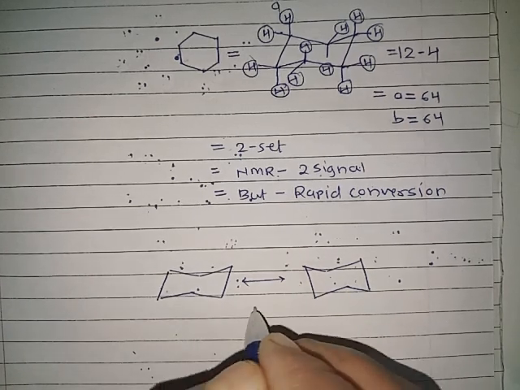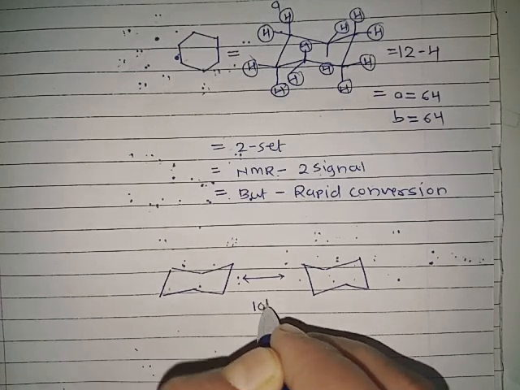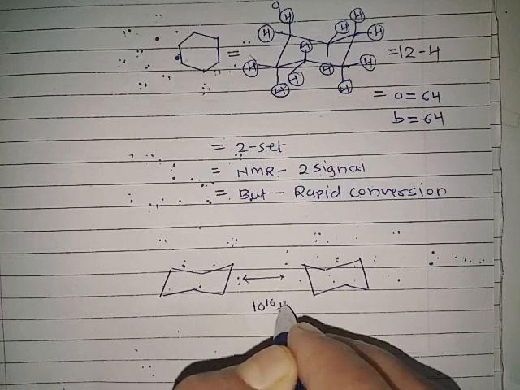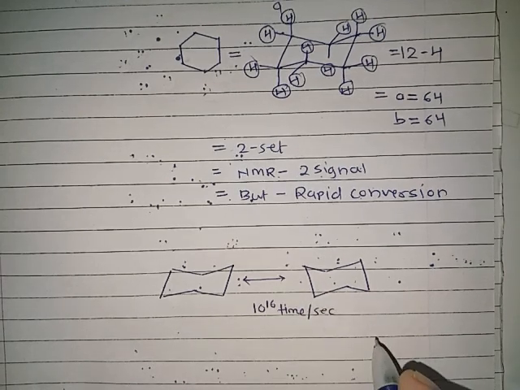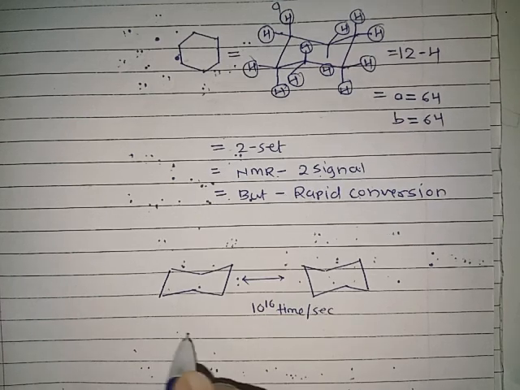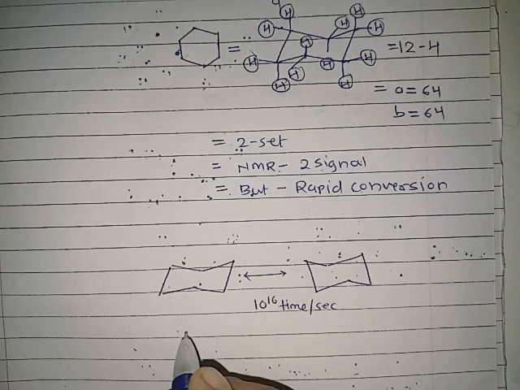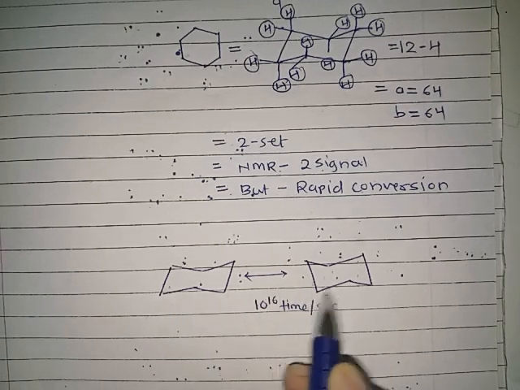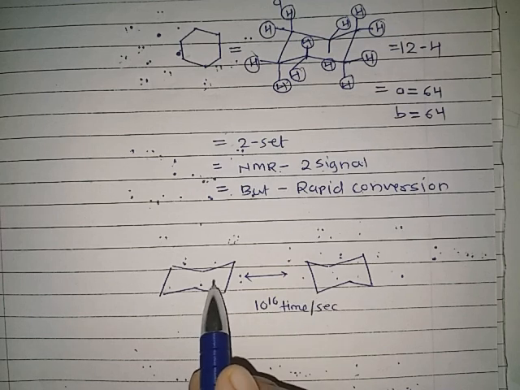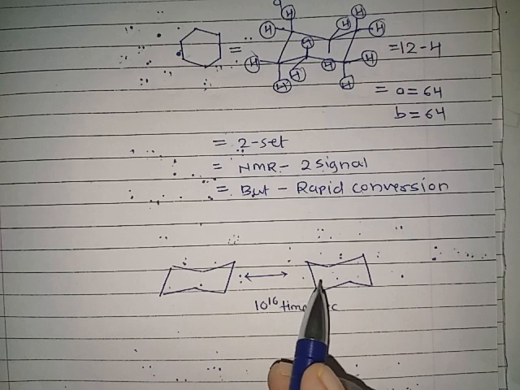So the conversion is very fast, occurring around 10 raised to power 16 times per second. Therefore, the spectroscopy machine cannot distinguish the forms of cyclohexane. It means this rapid conversion cannot be detected by the machine.